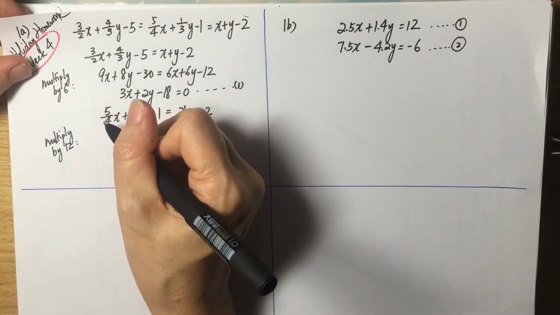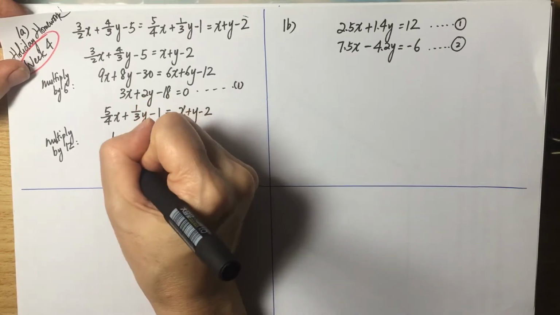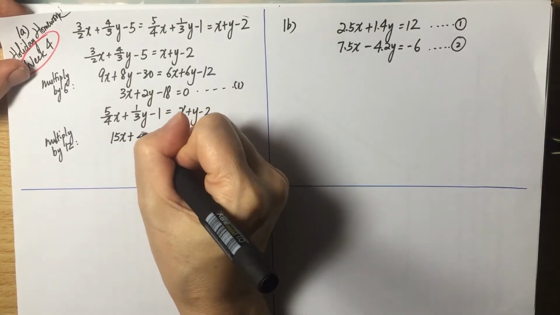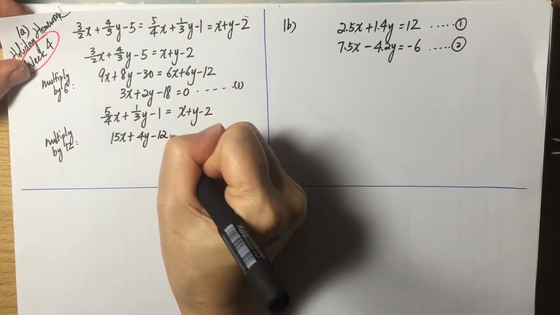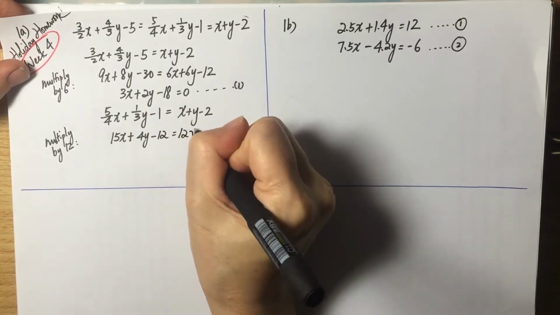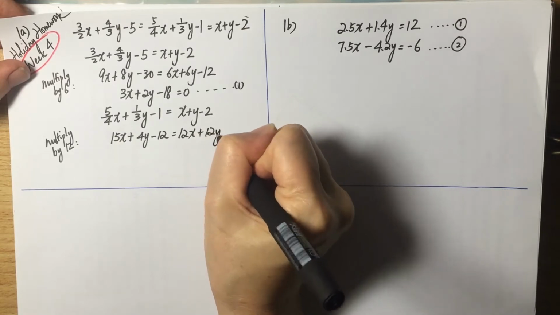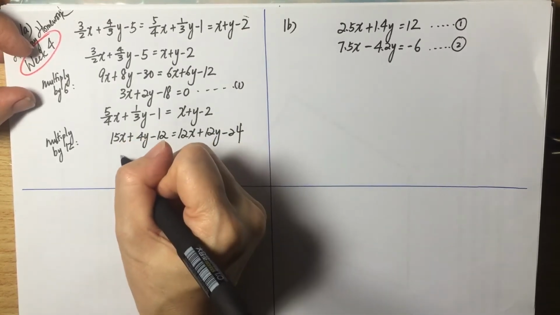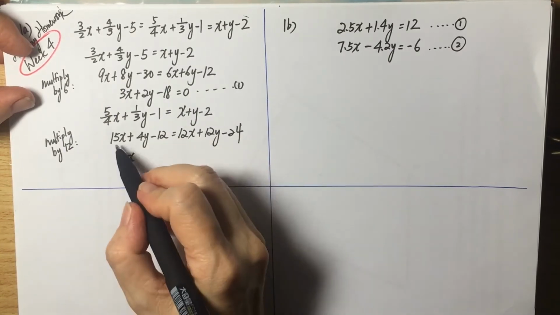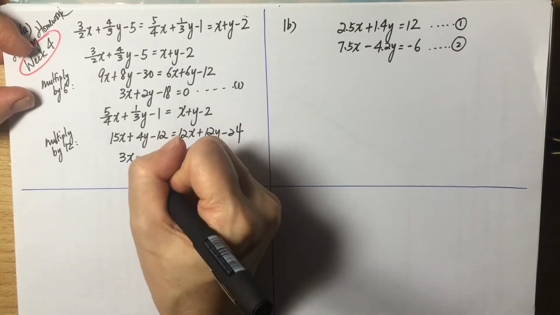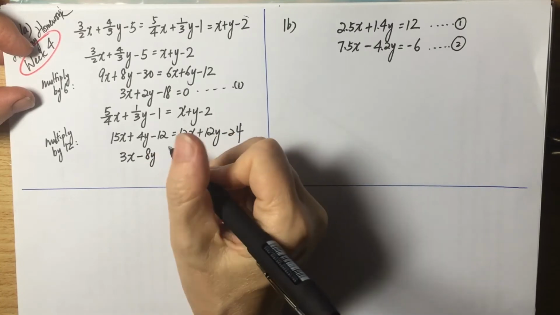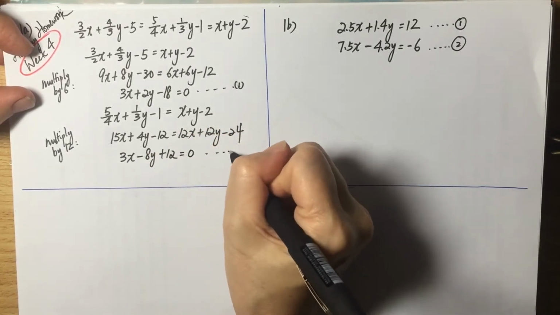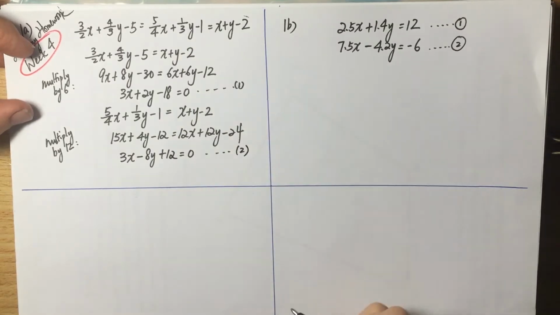So when I multiply by 12, I'll get 15x plus 4y minus 12 equals to 12x plus 12y minus 24. Rearrange again. I have 3x minus 8y plus 12 equals to 0. Call this equation 2.